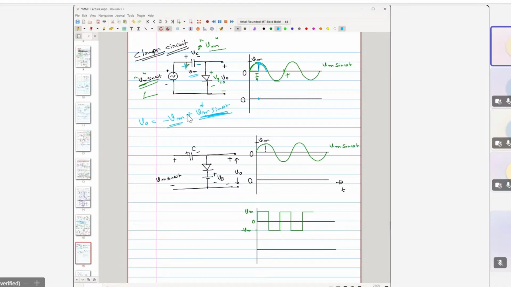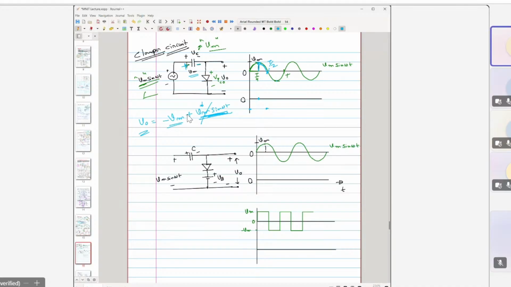At t equal to T by 2, the signal amplitude is 0, but then what will the V output be? This part is 0, and this is minus Vm. So the output is going to be minus Vm somewhere here.